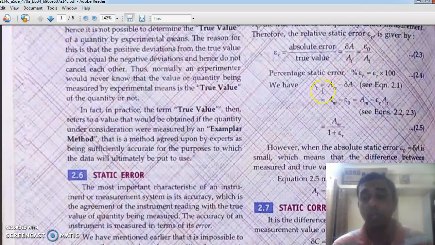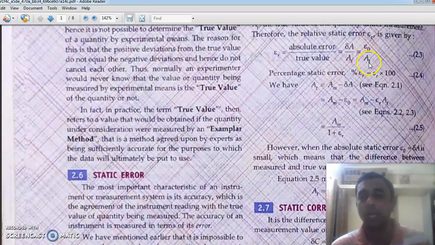From here we can get true value is equal to Am minus delta A. So this delta A is nothing but epsilon naught. Then epsilon naught is equal to epsilon r times At.